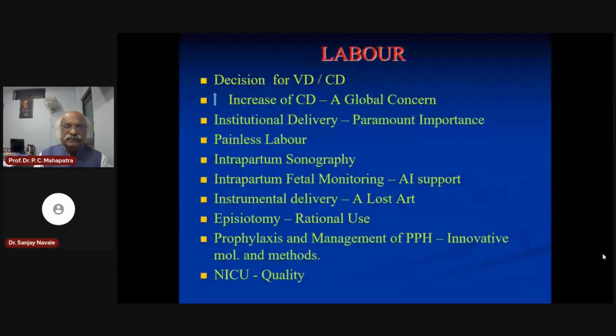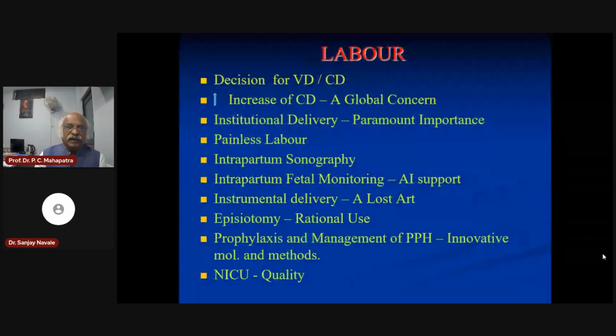The only thing is institutional delivery, and delivery by skilled personnel, either midwifery or obstetricians, in a special institution where every facility for dealing with emergencies is there, and therefore you can tackle near miss deaths and morbidity very well.